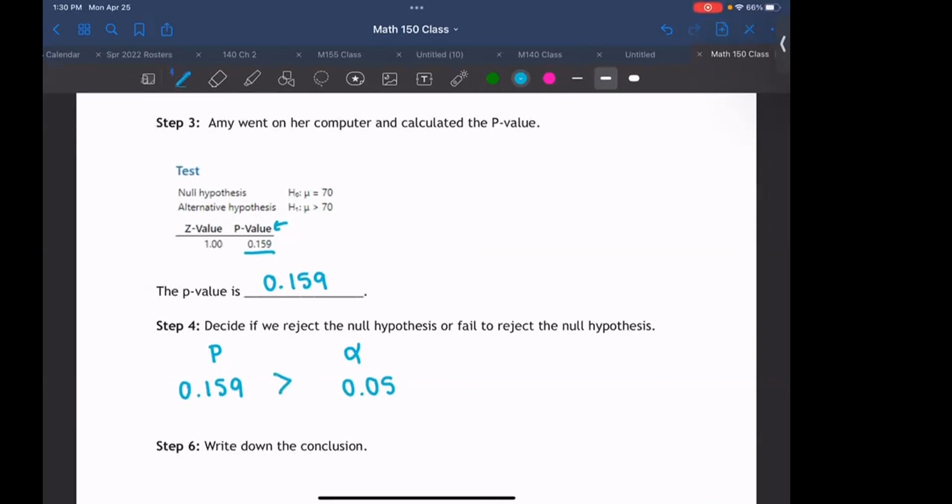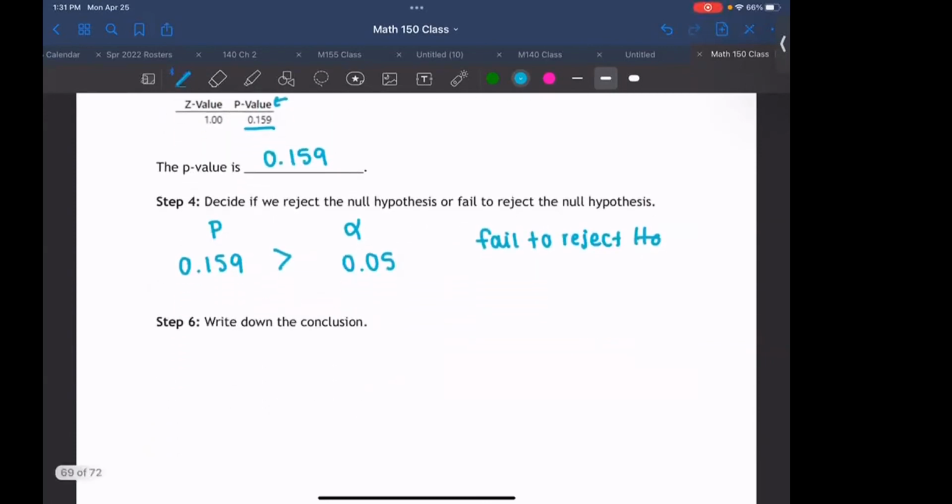That's why I put them next to each other, because sometimes it's hard for me to look at them and see which one is bigger. Even then, I still make mistakes. So at least I make fewer mistakes now. Okay. P is bigger. So do we fail to reject or reject? Fail to reject. Good. So we fail to reject the null hypothesis.